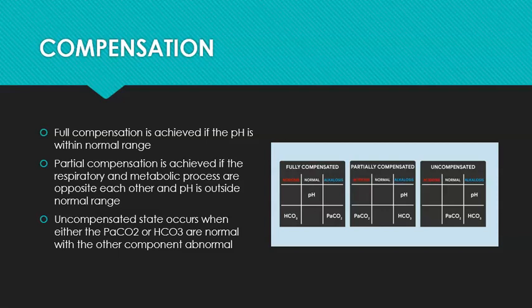So you see with this one, the PaCO2 is in that normal column, but the pH and the HCO3, or the bicarb level, are in the alkalosis. So your pH is abnormal, your bicarb is abnormal, and your respiratory system is not doing anything, or not doing enough, to compensate for the process.